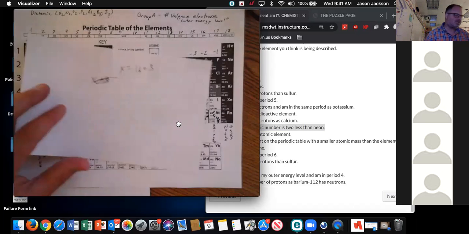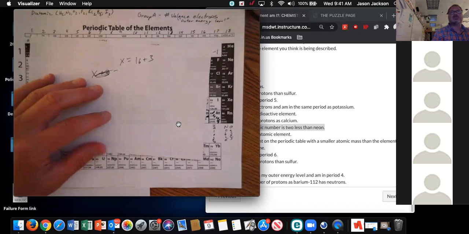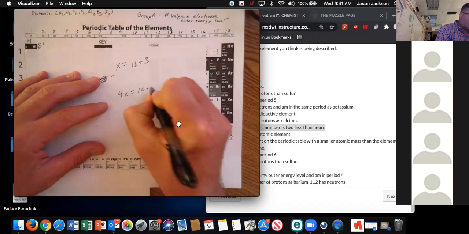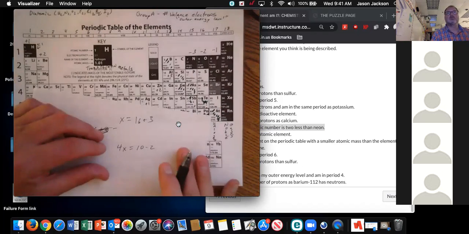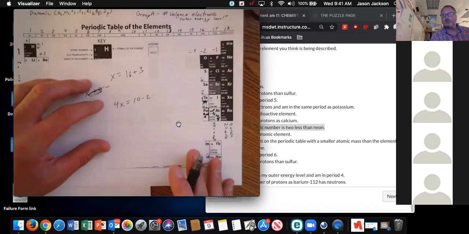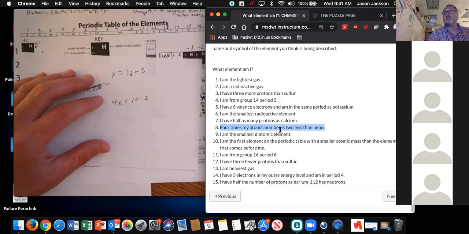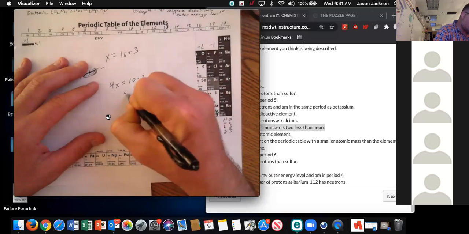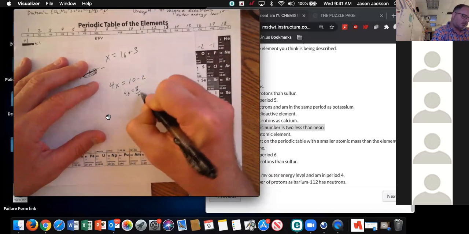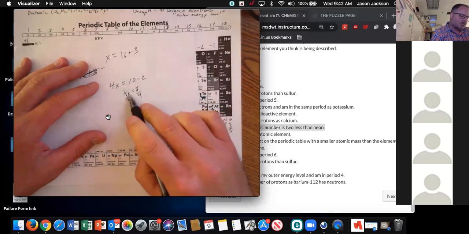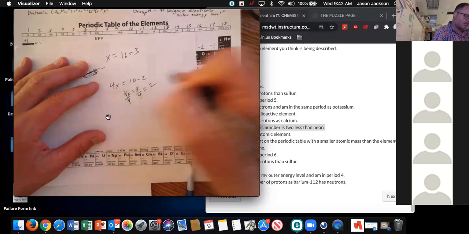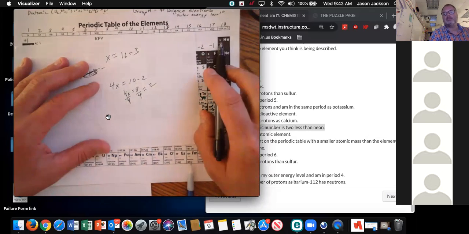So let's show everybody else how to do that. 4 times my atomic number is 2 less than neon. So 4x equals 10 minus 2. Well, I don't know if it is germanium now. Let's look at it again. I thought you had He. Because 10 minus 2 is 8. 4x equals 8. We divide both sides by 4. x equals 8 over 4, and x equals 2. So that would be helium. He.